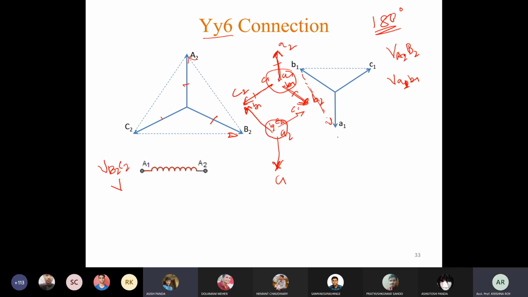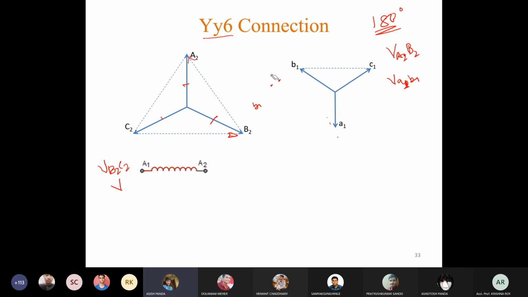Okay, so in this way you have to draw the YY6 phasor diagram. Now, based on this phasor diagram, you will be able to draw the connection diagram.